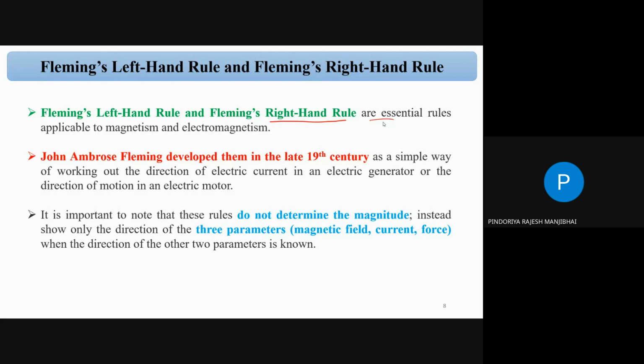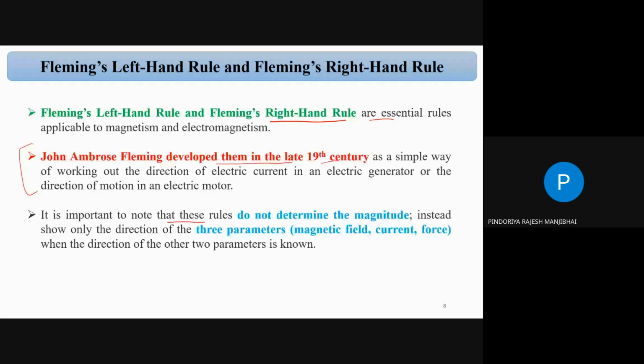Yes, John Ambrose Fleming developed these rules to find out the direction of the current and flux in the 19th century. So this is just the background of Fleming. Fleming was a scientist.